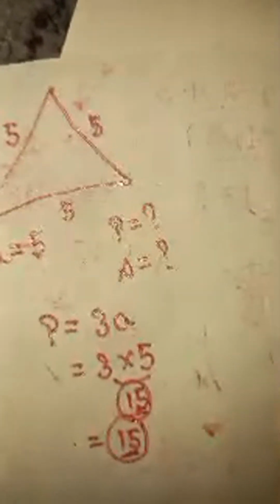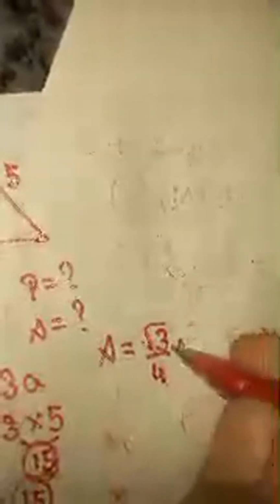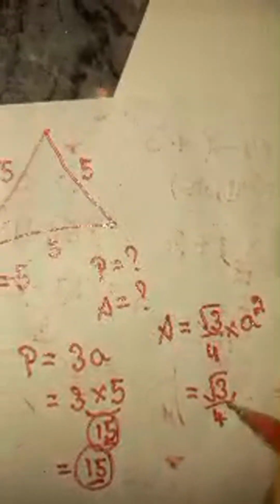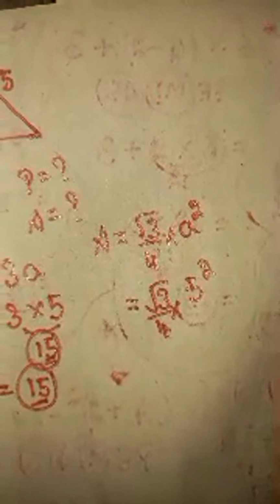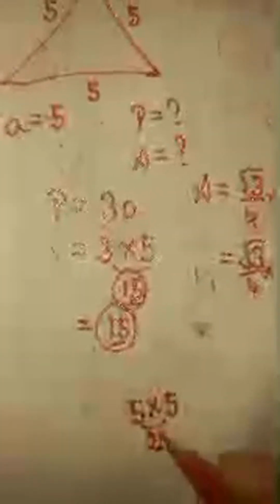Now let's find the area. Area of this triangle can be written as root 3 by 4 times a squared. Root 3 by 4 times, here the side length is 5 units, so you can write it as 5 squared. 5 squared is 5 times 5, which is 25.